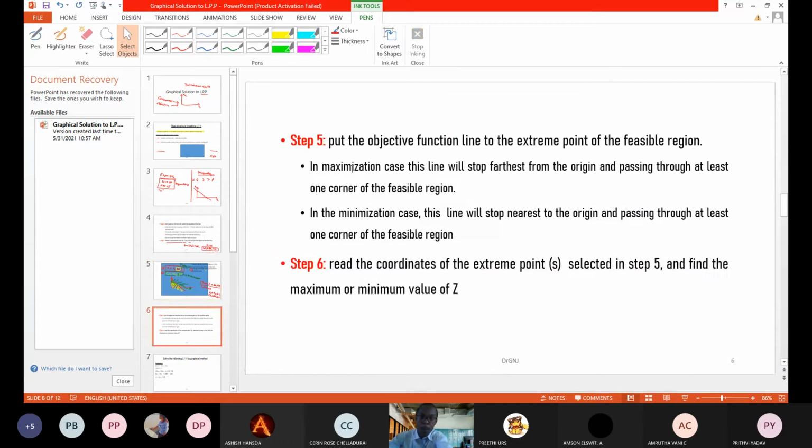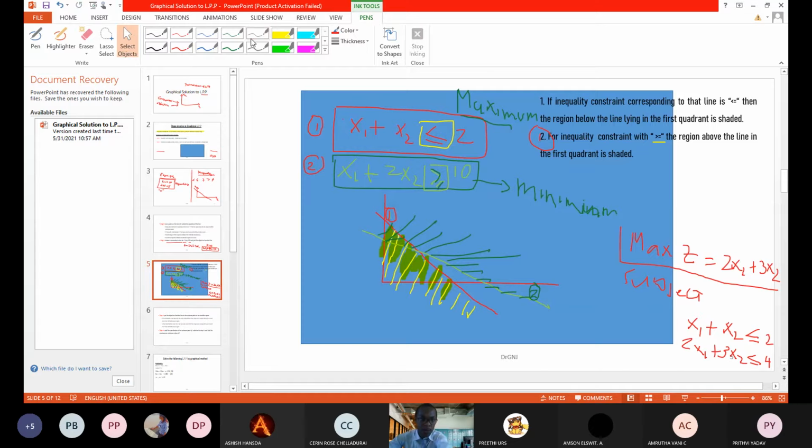Step number 5: move the objective function line to the extreme point of the feasible region. What is the feasible region? The feasible region is the shaded region, where the two lines have a common region.